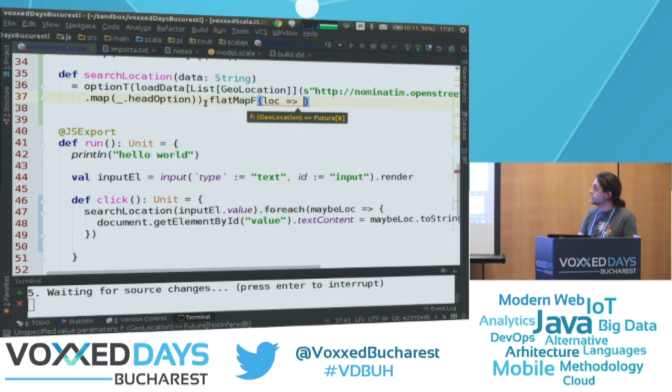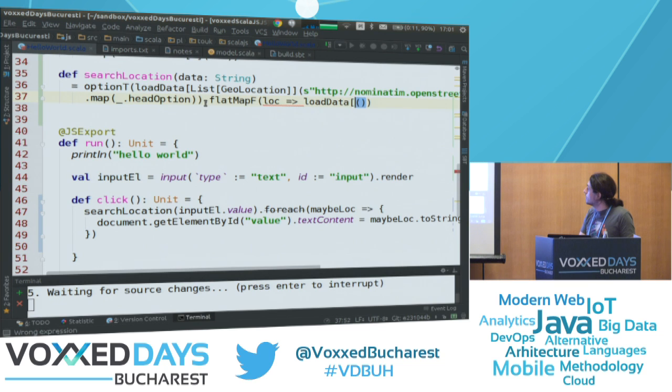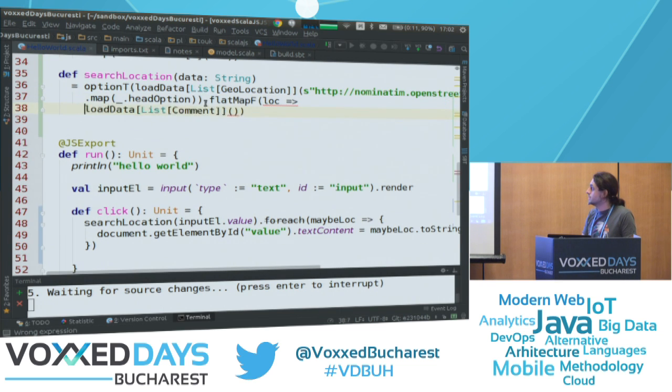We have locations that we found, the first location that we found, and we load more data. In fact, we are loading a list of comments. There's also some small domain class that will be mapped to our small service returning comments for the location.